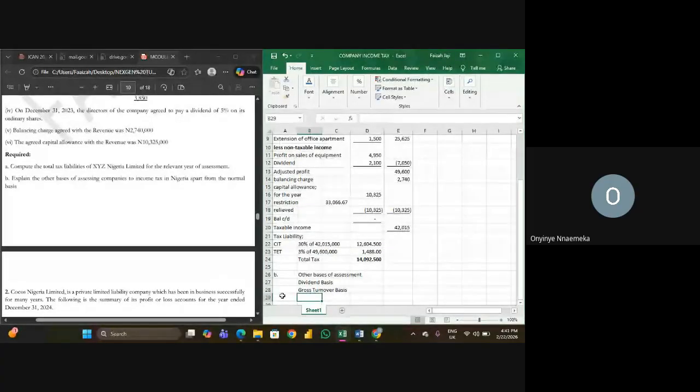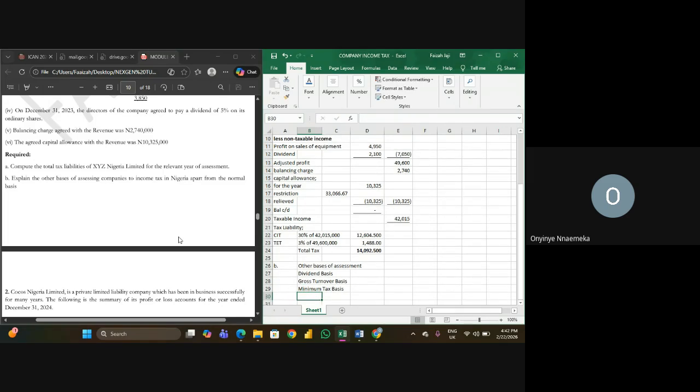And the last basis that we have is what? Yeah, our last basis. Minimum tax basis. Okay. So minimum tax basis is just like the name connotes: the minimum tax that the company can pay.